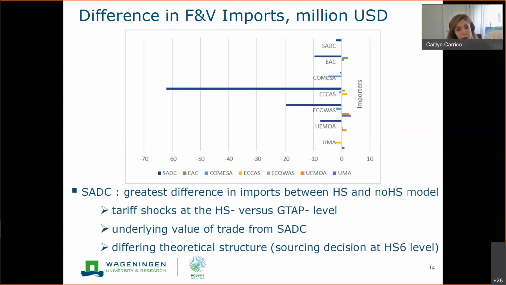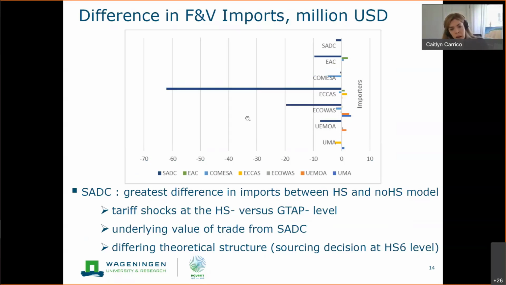And we can also look at the difference in aggregate imports. So we aggregate up across the 105 different HS lines. We aggregate the trade flows in terms of the imports. And then we look at the difference between the HS and the model without the HS module. And we see that there's quite some important differences, and especially for SADC.